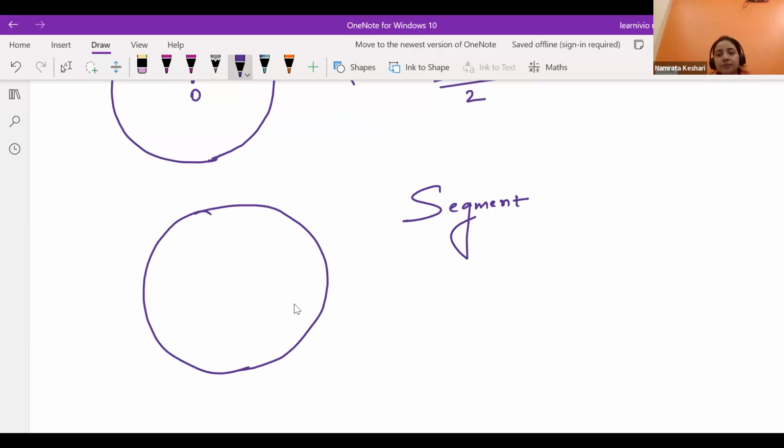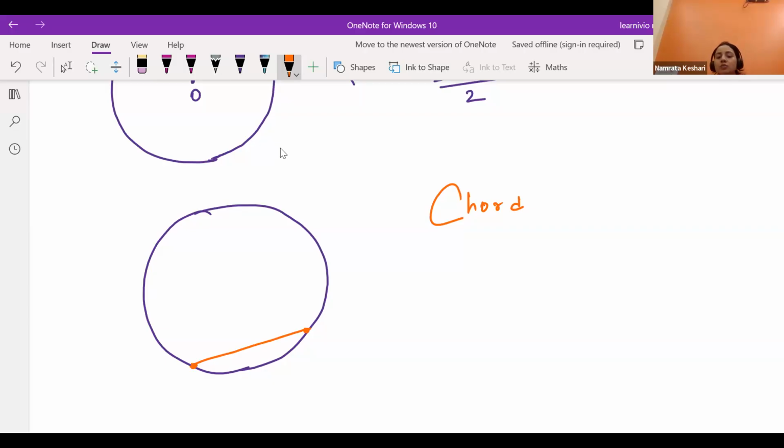Yes, a line that connects two points of a circle. Line that connects any 2 points of a circle, that's called chord of a circle.